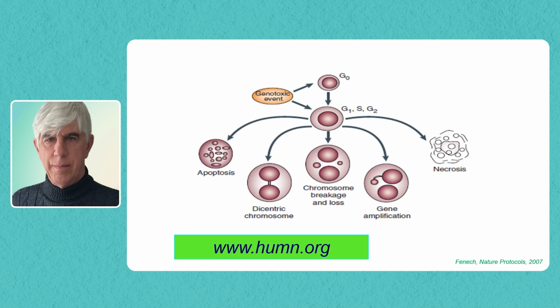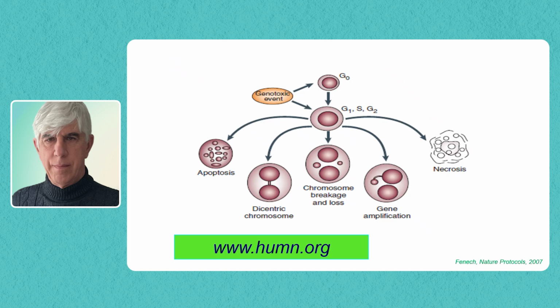Actually, there are a number of endpoints that you can measure, because one of the critical points for using micronuclei is that you can evaluate a number of different effects. It's an early biological effect, with the S, it is a plural, because we have a number of different events.